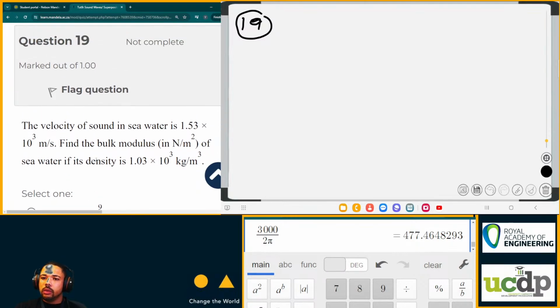Okay, now we need a formula that relates velocity to the bulk modulus. So we know one of these formulas. It states that the velocity is equal to the square root of the bulk modulus over the density.